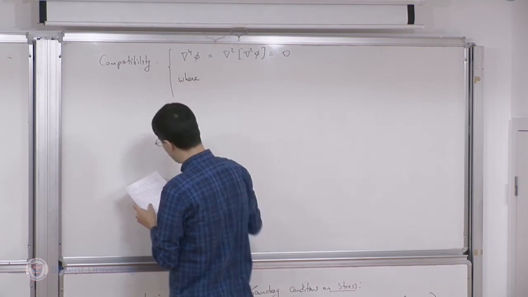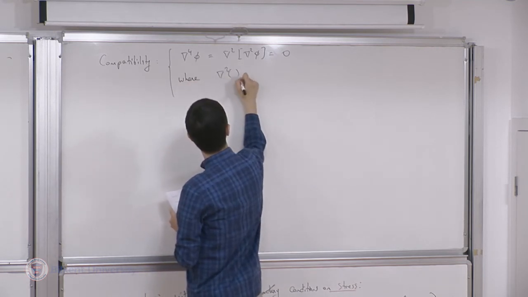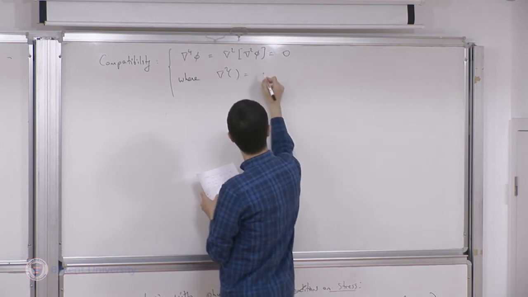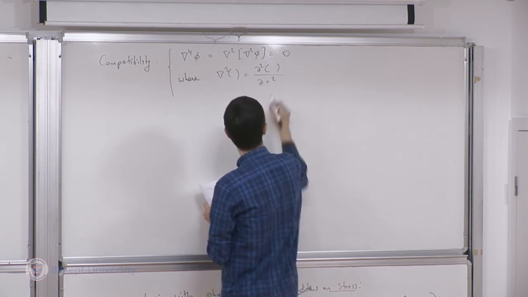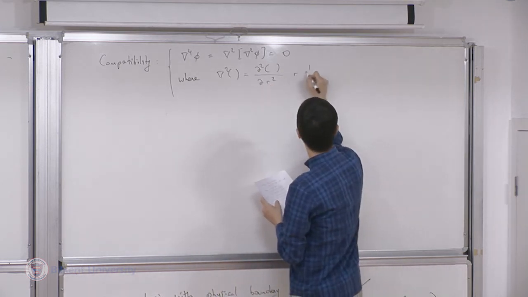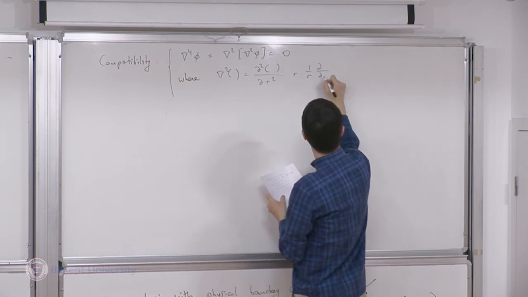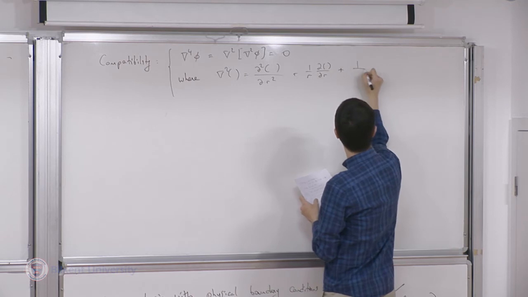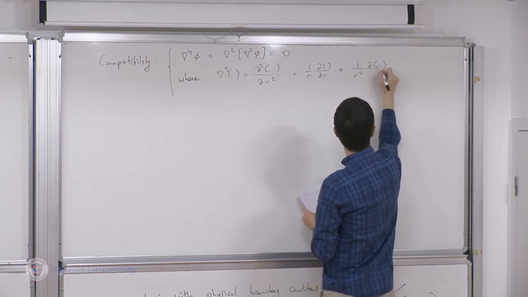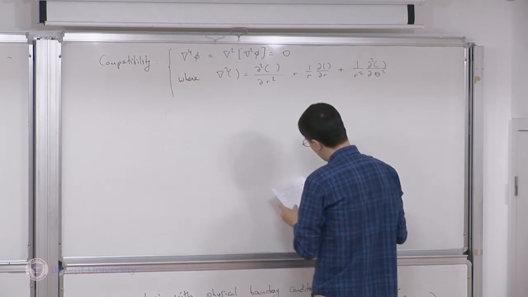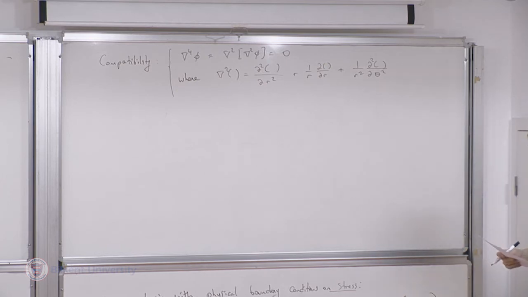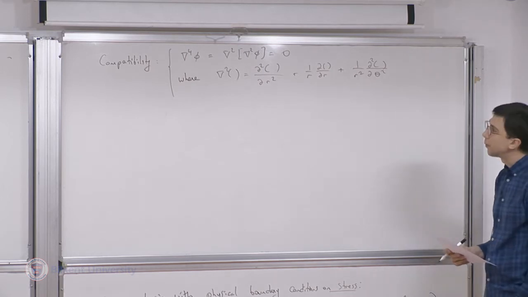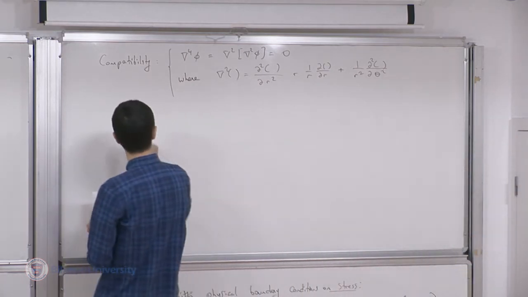Let me remind you, although you have partially made use of these in your exams and midterms, homeworks, the Laplacian in cylindrical coordinates, it's as follows. So I'm going to enforce that. So let's proceed.